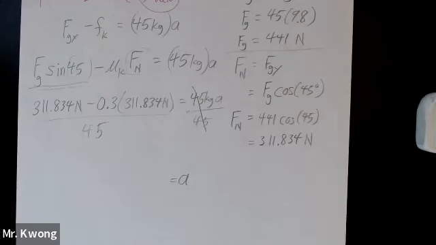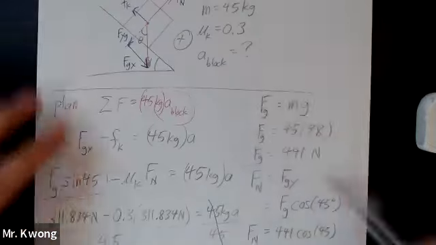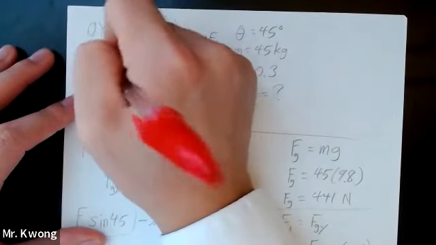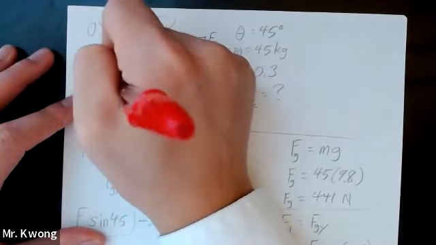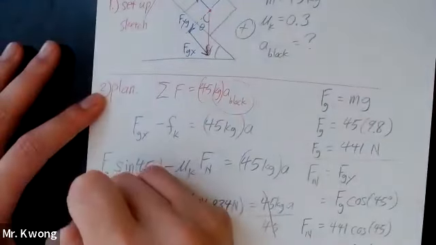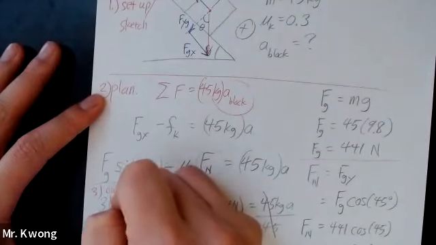Okay, Ezra proposes 4.85. Any agreements or disagreements? And again, what we had here, this was our setup and our sketch. We had our plan, and then here we had our calculate.